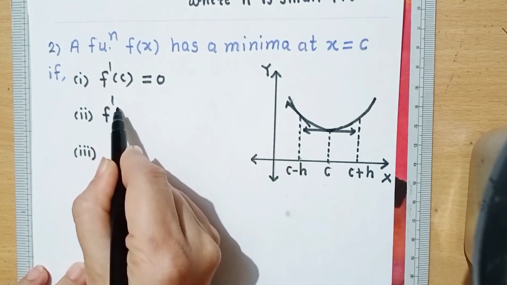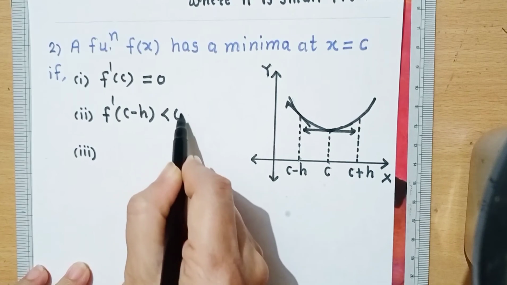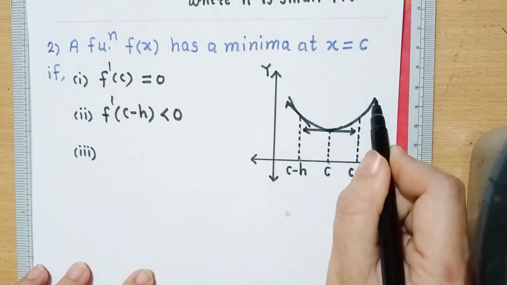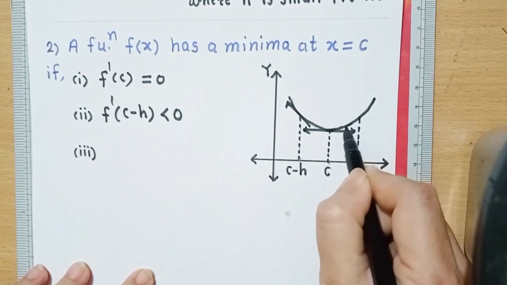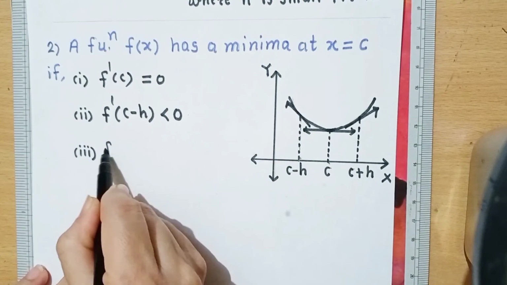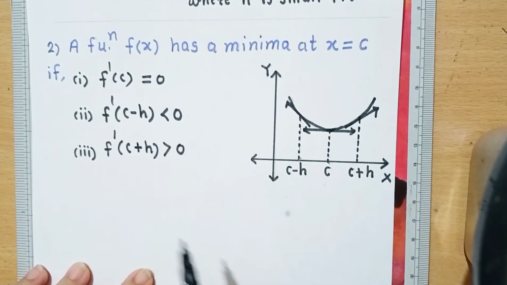So I am writing here f dash of c minus h is less than 0, and in this interval the curve is increasing. So at this point if I draw the tangent, then the slope at point c plus h is greater than 0.